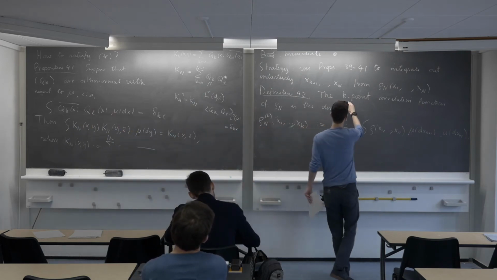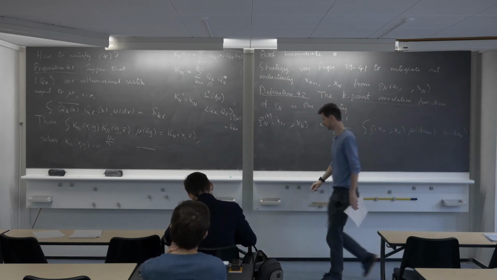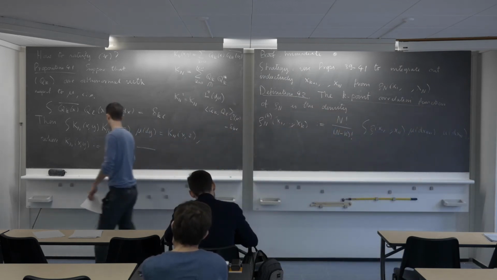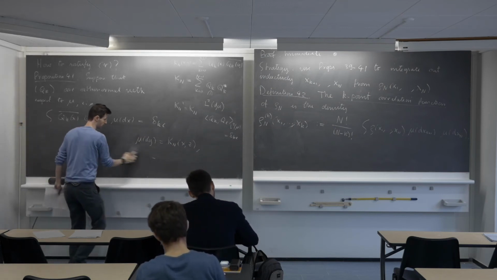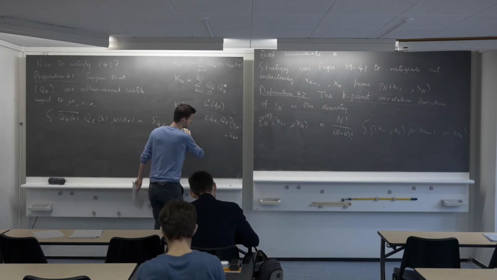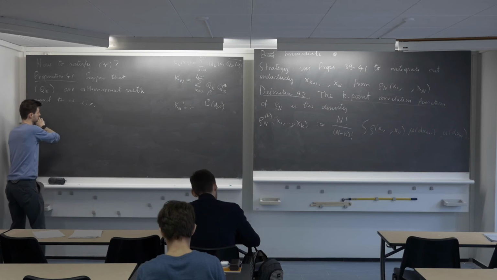Now you saw in the exercise that these k-point correlation functions, more generally and more correctly, are associated not with such probability densities but with point processes, with random point processes.